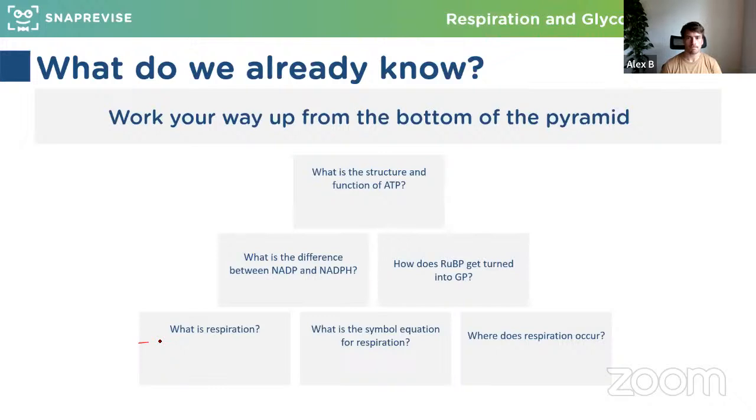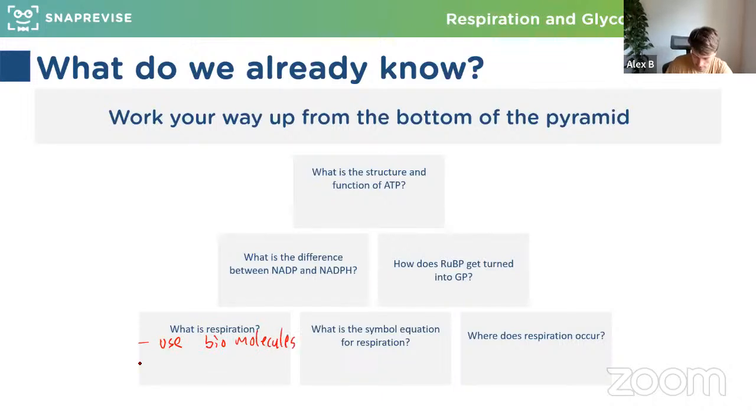Yeah. So it doesn't just have to be glucose, but that's usually what people tend to say. It's probably better to say use biomolecules, because you can also respire proteins and lipids.